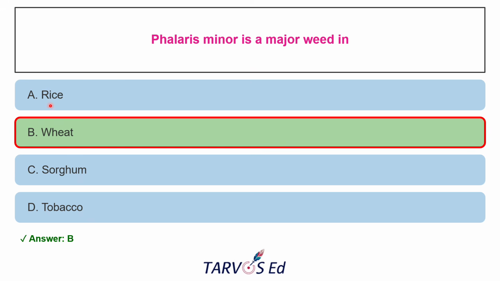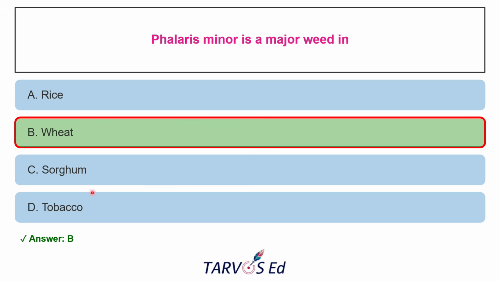And rice, here the major weeds are Echinochloa, that is barnyard grass, cyperus, and all. So Phalaris minor doesn't grow in puddled rice field, so it is not an option for this. And sorghum, this is the Kharif season. So Phalaris minor is the Rabi season weed, so it is not having the relevance.